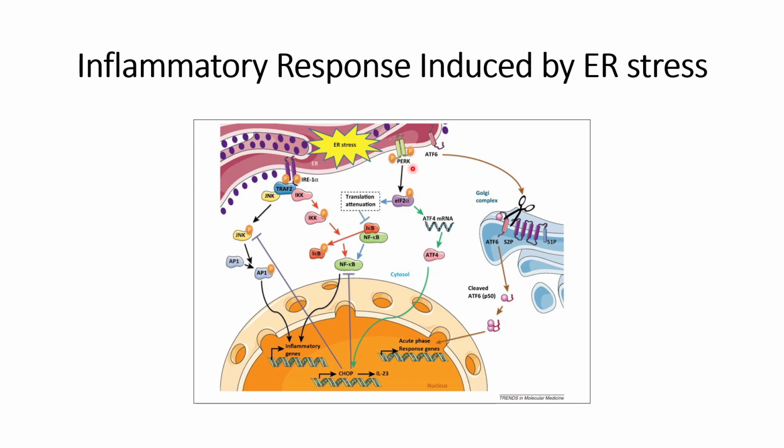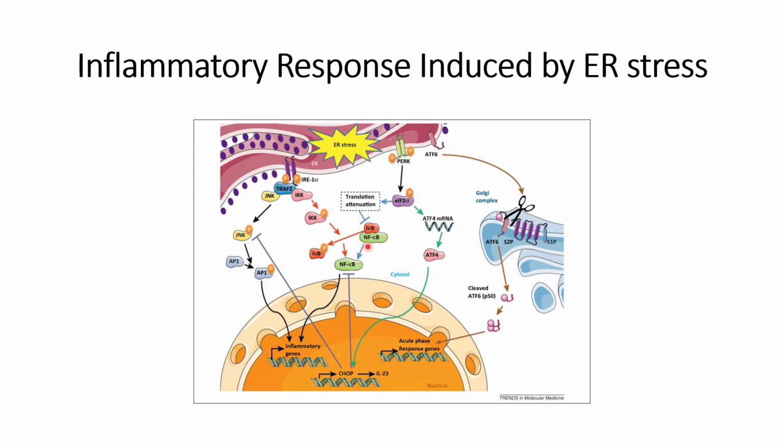Whenever there is ER stress, this PERK pathway gets activated, and this leads to the phosphorylation of EIF2 alpha factor. One function of EIF2 alpha is to attenuate the production of IK beta. When IK beta production is reduced, the ratio of NF kappa beta to IK beta will increase.